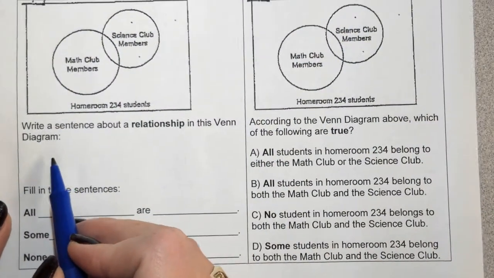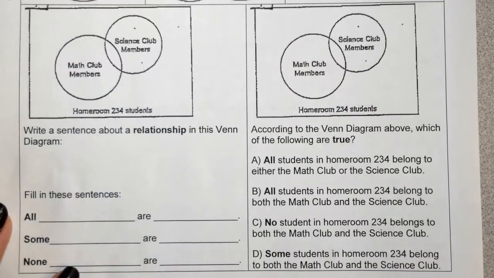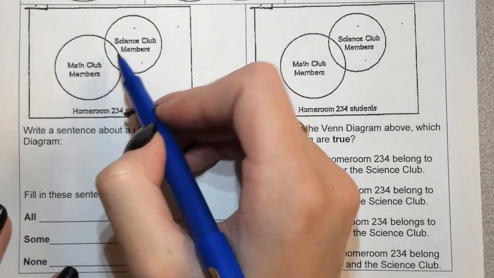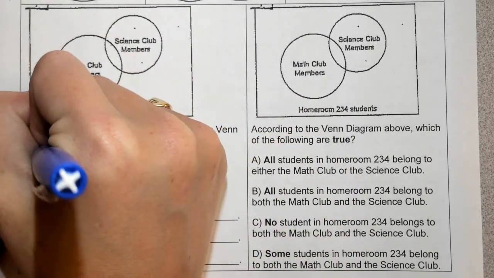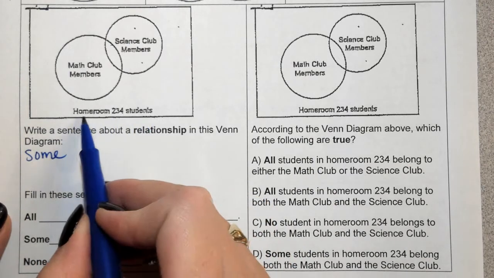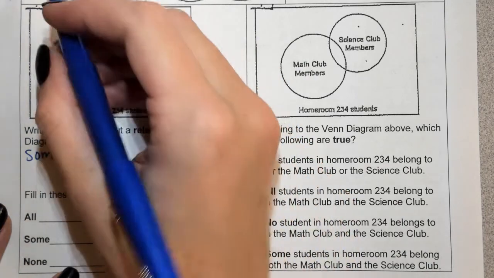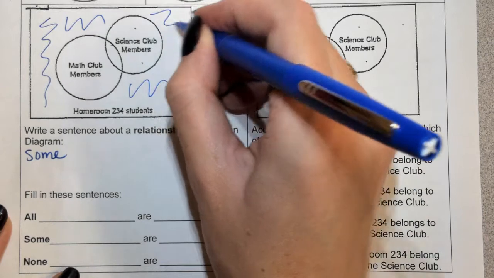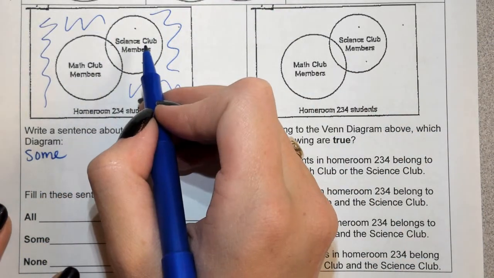The sentence I want to write about is a some sentence, because those can be the hardest. You might think some is immediately that overlap. Well, when we've got a big container like this, this is describing students in a homeroom class, and whether they're in math club or science club. But all of this space out here are still students in homeroom, but they're not in the math club or science club.